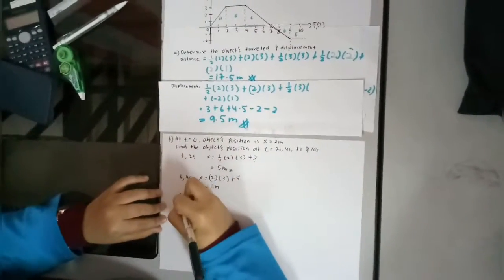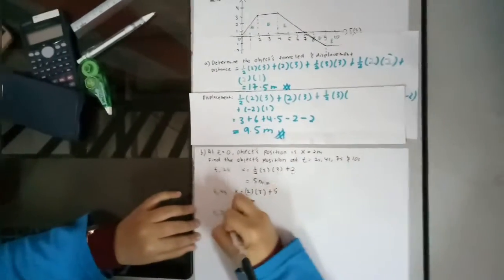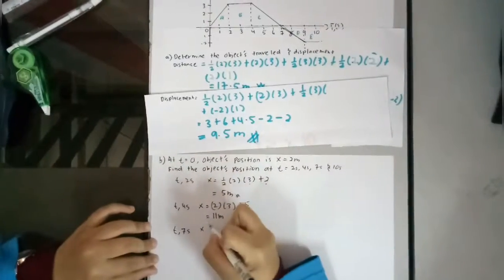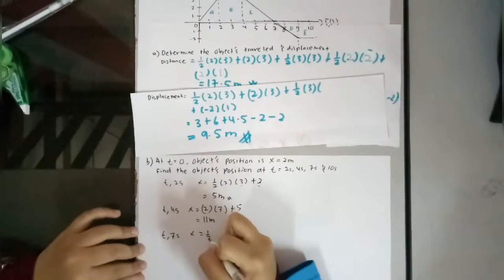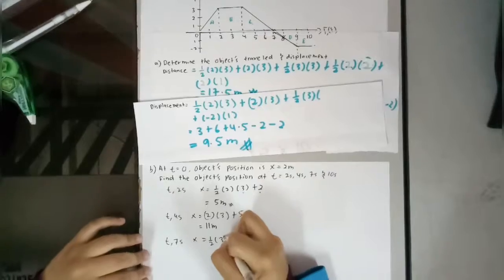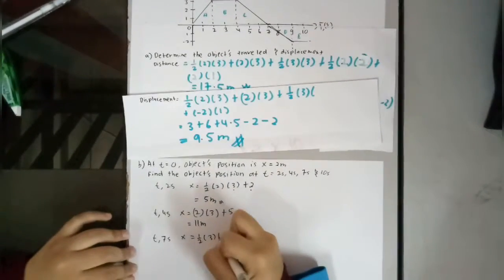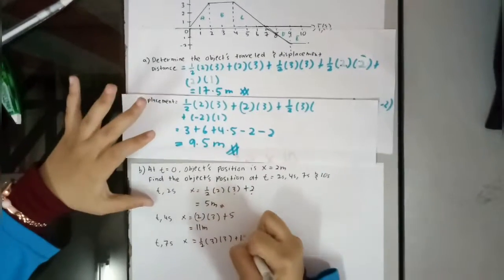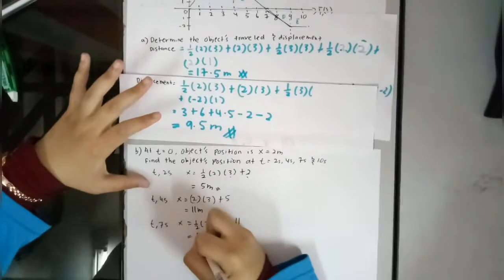For the 7 seconds, it is 1 over 2 times 3 times 3 plus 11, and the answer that we will get is 15.5 meters.